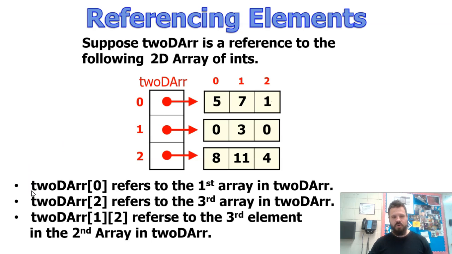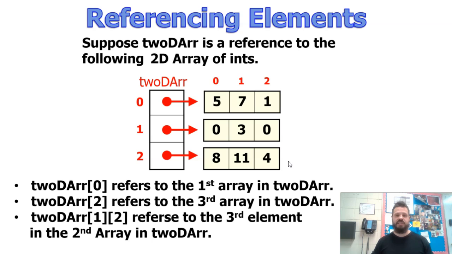If I write the code 2DR[0], it's going to refer to the first array in 2DR, giving me access to the array with the 5, the 7, and the 1. Same idea, if I said 2DR[2], that's going to refer to the third array. My arrays are 0 indexed, going 0, 1, 2, so this code would refer to the 8, 11, 4 array.